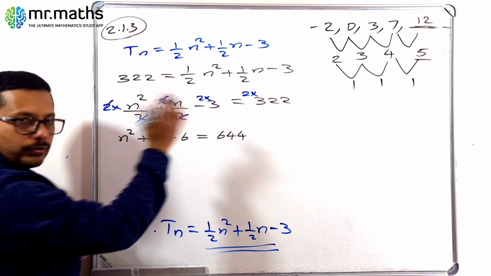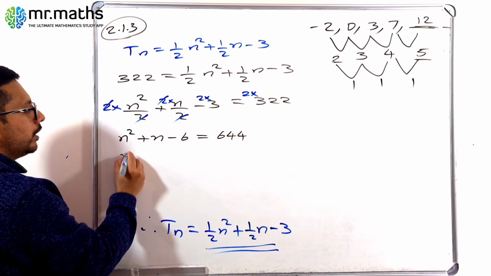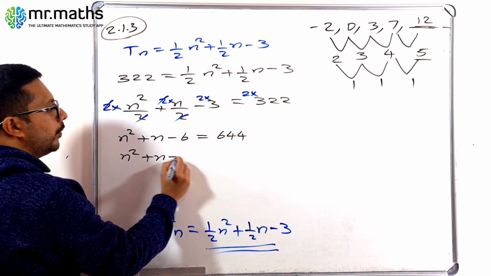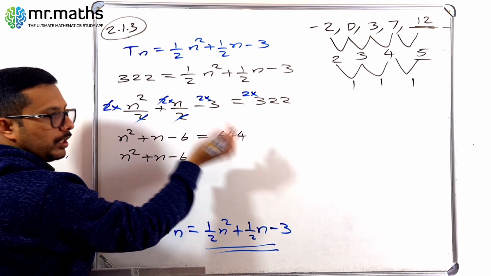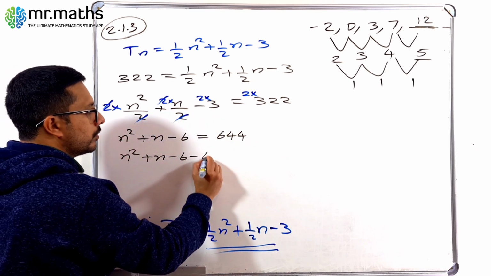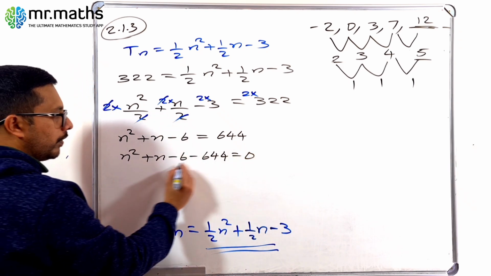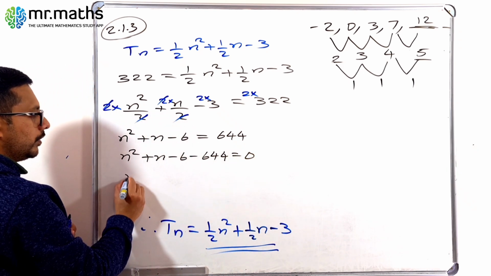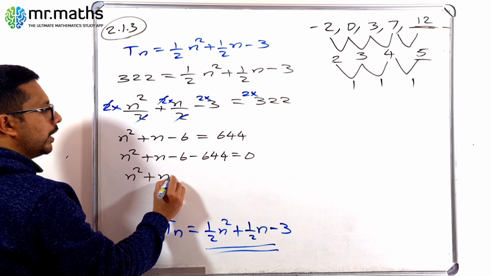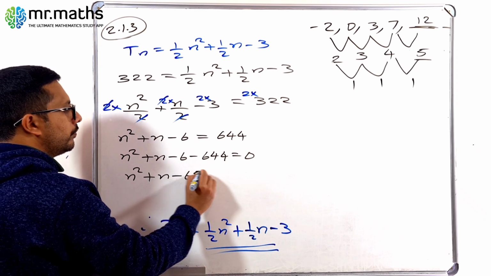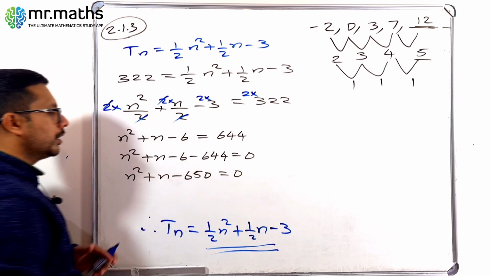Take that 644 to this side, so it is n square plus n minus 6, positive on the left side it is negative, so it is 644 is equal to 0. What is this one, 650, so it is n square plus n minus 650 is equal to 0.